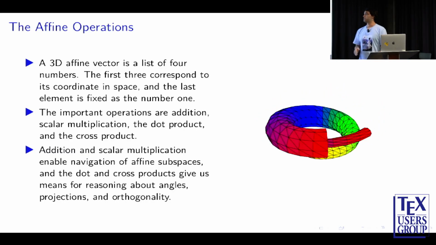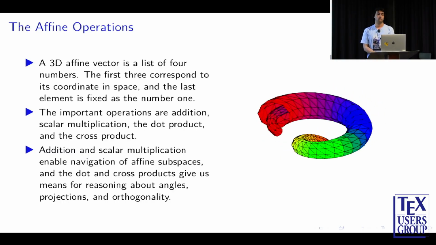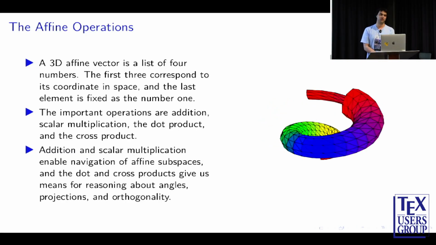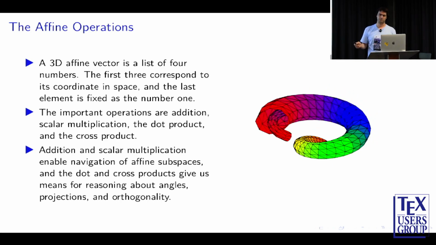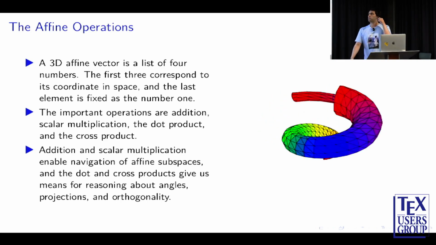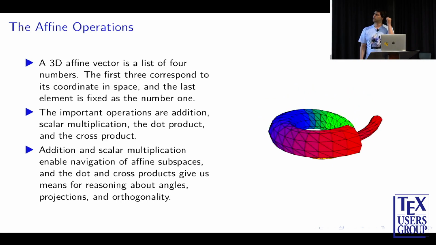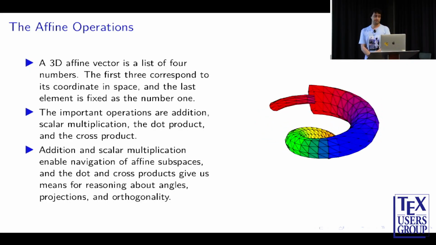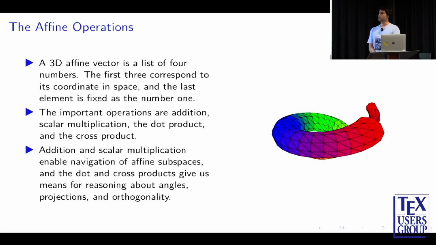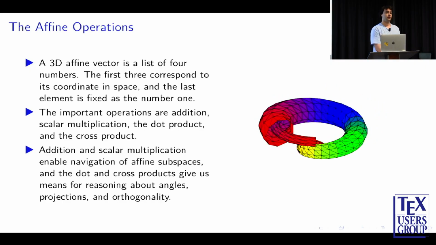That is very important for navigating subspaces, which is very important for doing things like partitioning and occlusion, which we will get into in small detail as we go along. The important operations are addition, scalar multiplication, the dot product, and the cross product. Addition and scalar multiplication enable navigation.